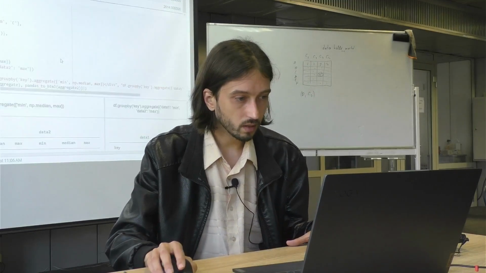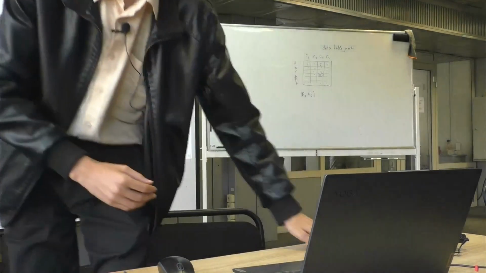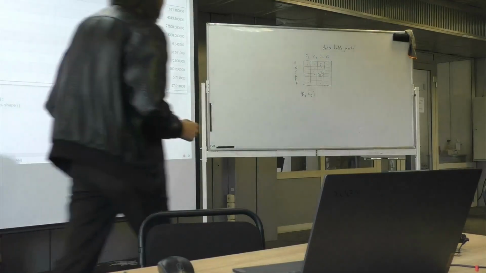Okay, so I guess this is the last example I'm showing to you. Probably I will just draw one picture for you, because I think it's really important for you to have that sort of understanding of that method.